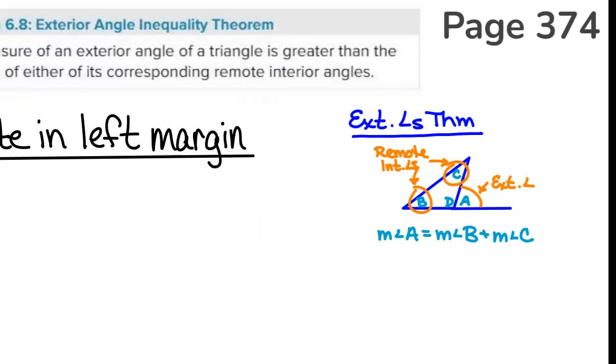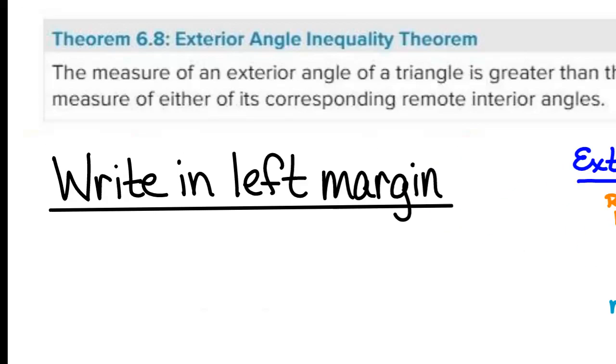So the measurement of angle A is equal to the measurements of angle B plus C. So this we've studied already. We've talked about this. The exterior angles inequality theorem, and this box is way up at the top of the page, almost undetectable up at the top margin on page 374.